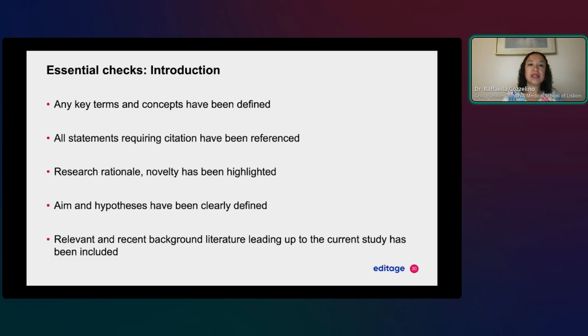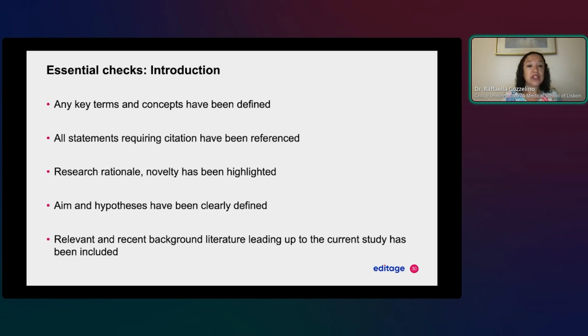Here are some essential things to check when you write the introduction. First, that any key terms and concepts have been defined. You need to pay attention also in case there is a list of abbreviations that you need to insert in your manuscript, but every abbreviation needs to be very well defined in the text.